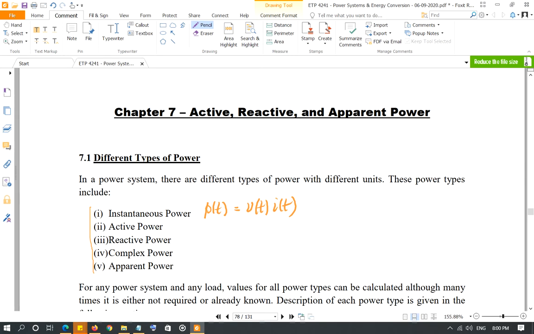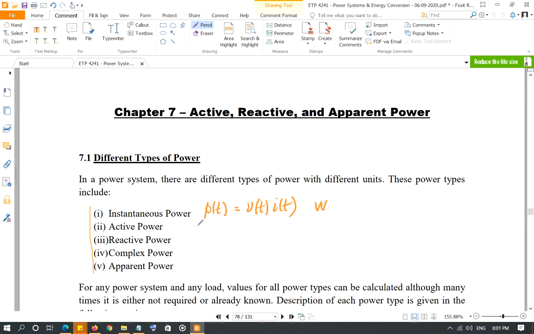So if you want to find out power at any instant of time across any component or in any component, all you have to do is to find the time dependent voltage across that component, and the time dependent current that is passing through that component. Take the product of those two, put the time value at which you want to evaluate the power, and that will be the instantaneous power at that instant of time. And the unit of instantaneous power is, of course, watt.